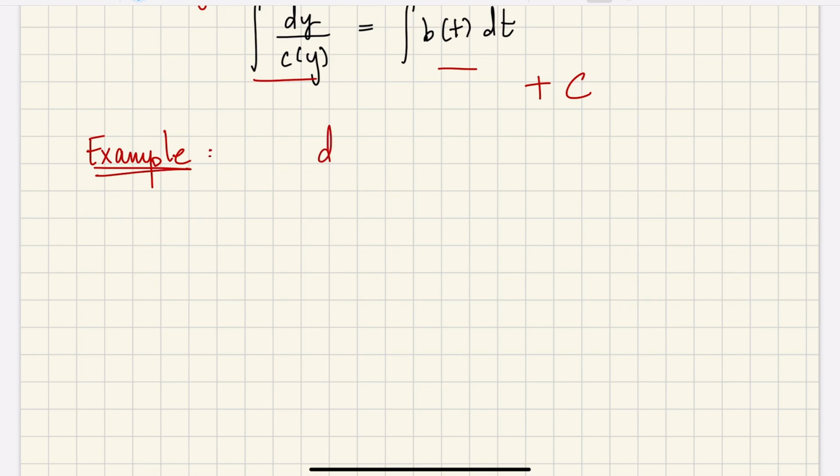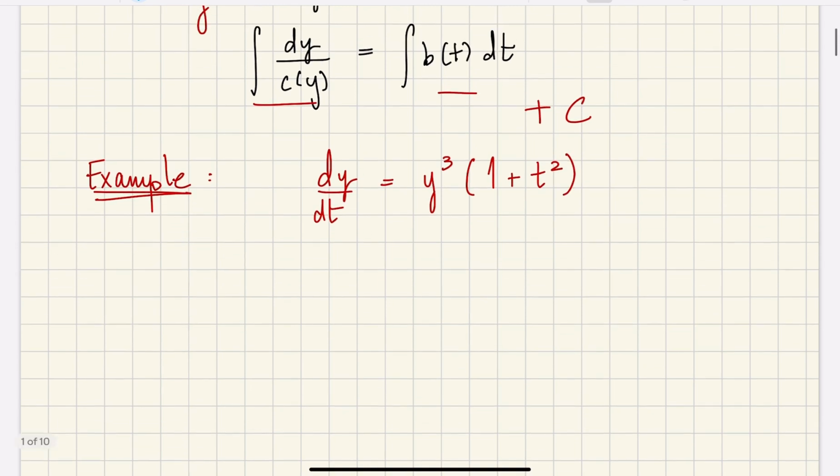Let's say we have dy over dt is equal to y cubed times 1 plus t squared. Just as I said above, we will try to separate this expression into just y and just t.